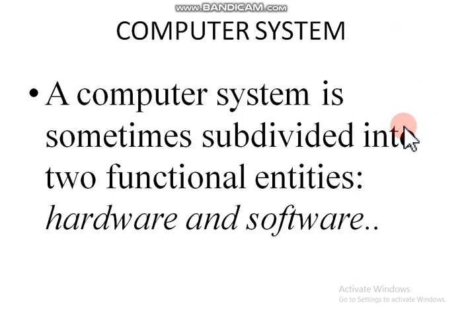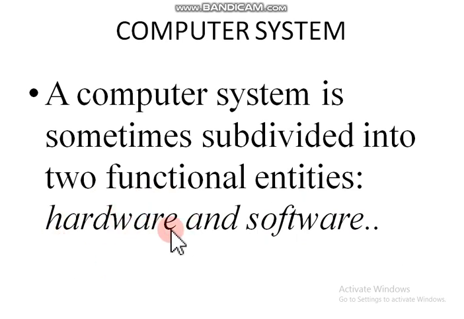A computer system is also sometimes subdivided into two functional entities. There's the hardware and the software. So like I said, a computer system has interrelated components that work together to perform tasks, and these components can be divided into hardware and software because these two are part of the computer system and they are very, very important, very cardinal, because the hardware cannot do without the software and the software cannot do without the hardware.